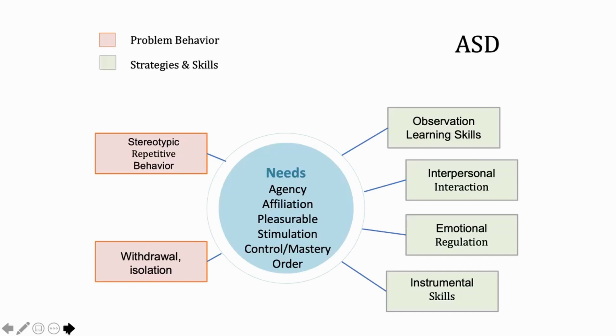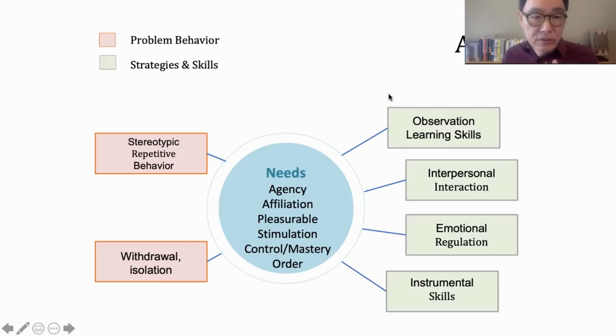Even with children who are diagnosed with autistic spectrum disorder, sometimes they have some behavior that is unusual or seen as weird, but those behaviors again are functional. This behavior was the child's attempt to gain pleasurable stimulation.